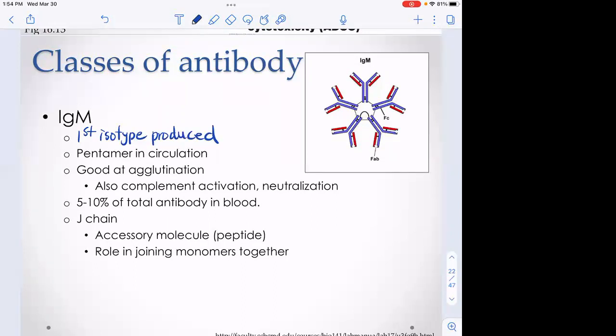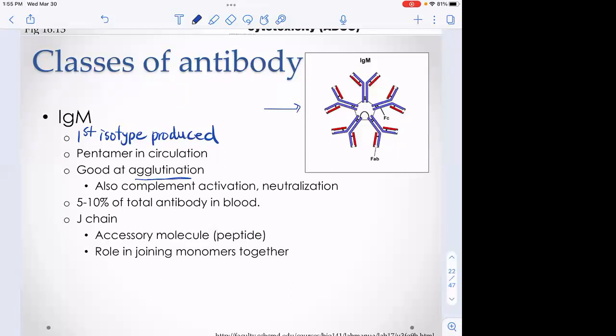Interestingly, usually five of them are bound together to make what we call a pentamer. That's the form it usually takes. So there are 10 different binding sites when you put it all together like that, which makes it really good at agglutination, because it can potentially bind to 10 different cells.